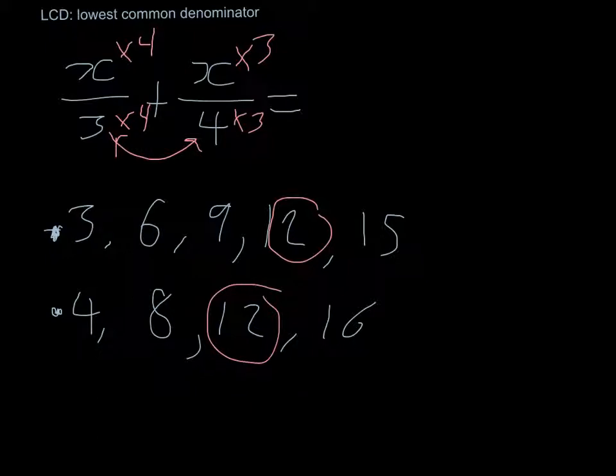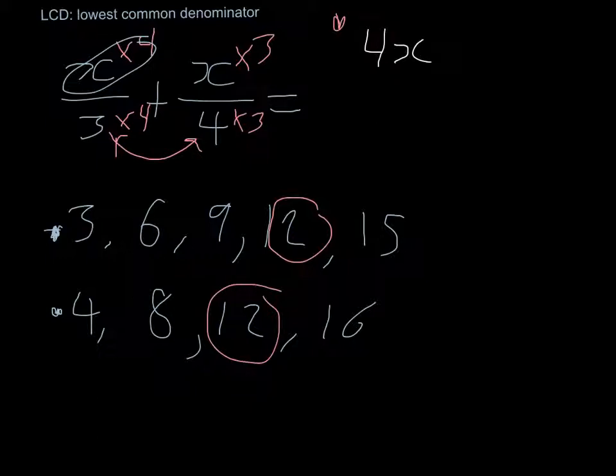Okay, so if I rewrite this, I might have to do it next to it. I'll rewrite it over here. So x times 4, what's this going to be?